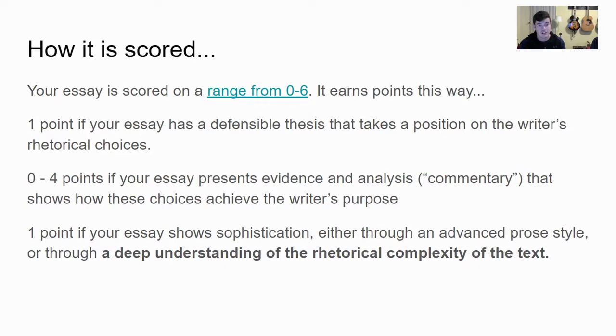Or through a deep understanding of the rhetorical complexity of the text. So that's the skill I think all students are able to learn with practice. And that's what I want to model for you today.